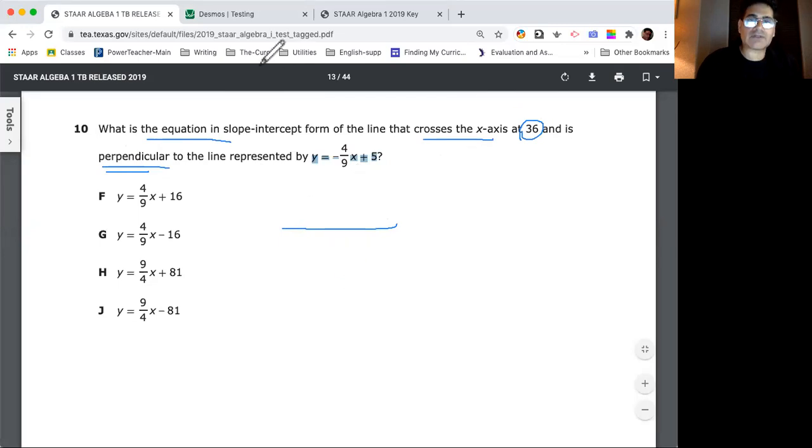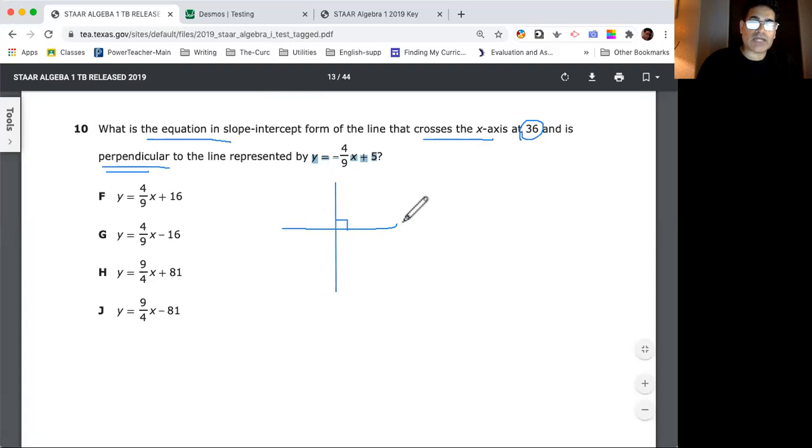We have perpendicular when two lines cross at 90-degree angles. And we'll cover more of that in geometry, but remember that perpendicular lines cross at this very perfect angle, 90 degrees.